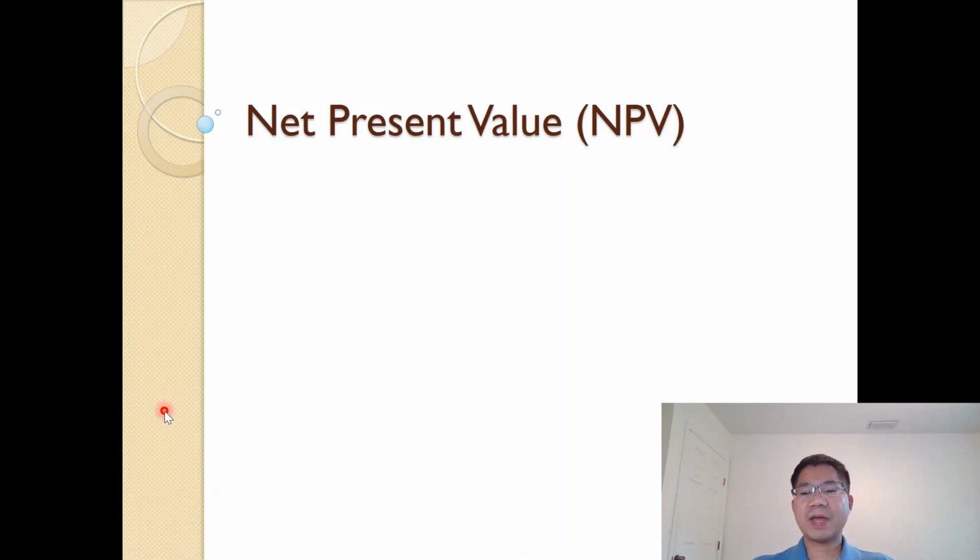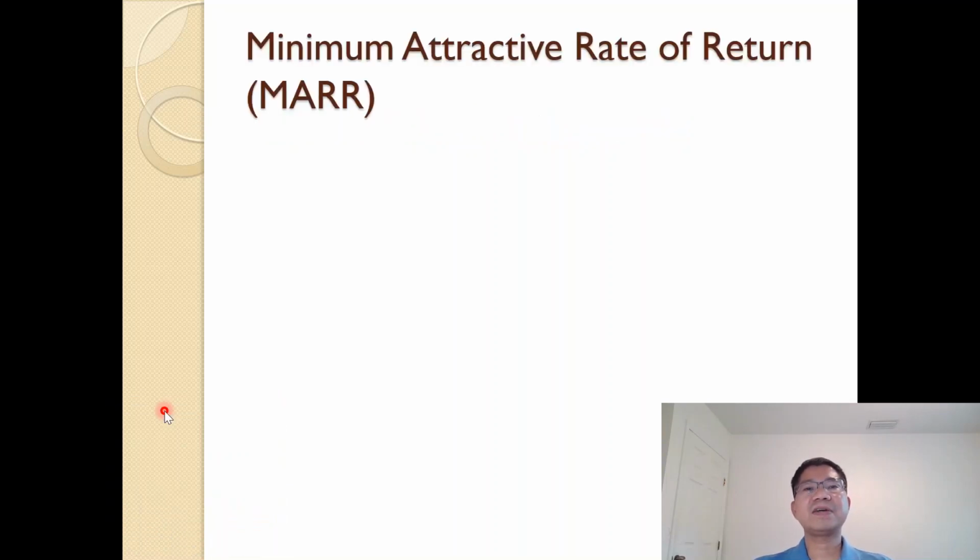The first concept that we want to understand is the MAR. When we compare, we need to know what MAR is. MAR stands for minimum attractive rate of return, MARR. Sometimes people call it minimum acceptable rate of return, MAR also. So what is that about?